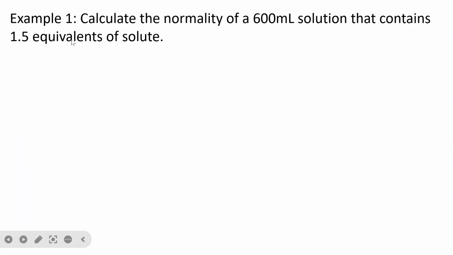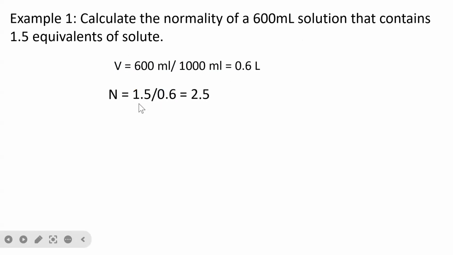So let's look at some examples. Calculate the normality of a 600 ml solution that contains 1.5 equivalents of solute. You see here, we are already given the equivalents and we have the volume. So the first thing we are going to do is convert this volume to liters because it is given in ml. We say 600 divided by 1000, and that will give us 0.6.